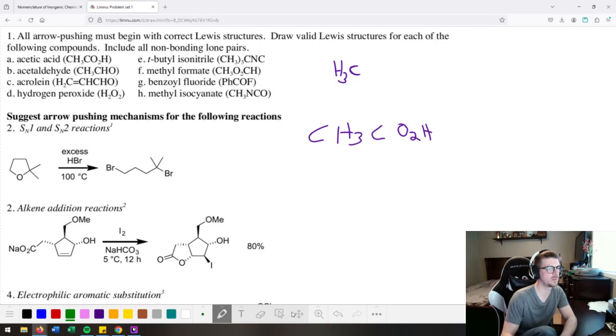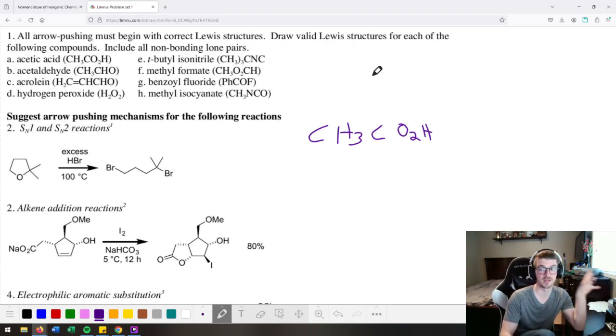So when we are going from a structural formula to a Lewis structure, basically what we do is we start on the left and then we just go to the right sequentially, which seems like I'm saying something really obvious, but there is nuance to this that's going to matter.